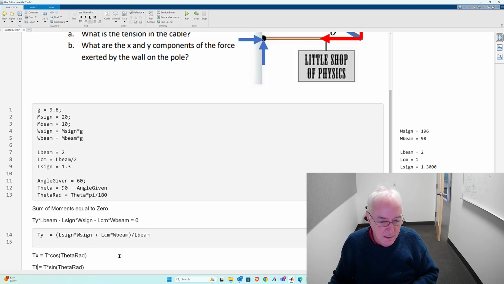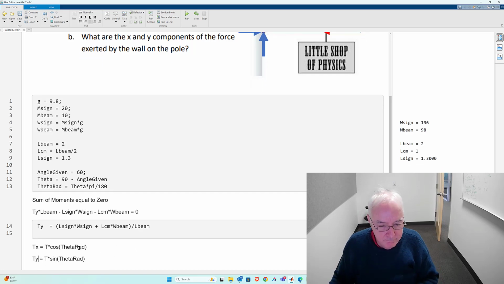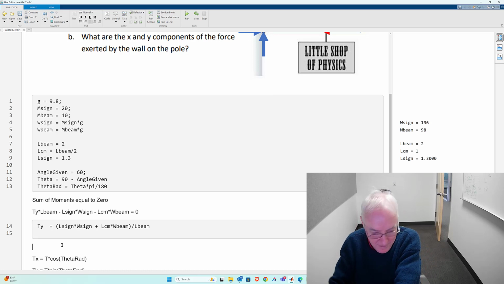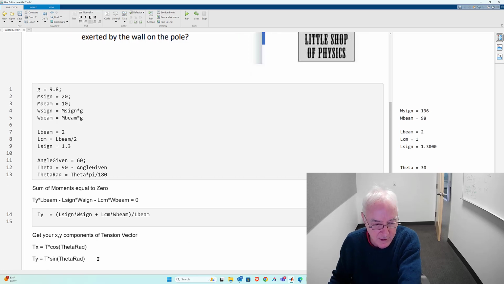And I give myself a little bit of text here, basically explaining what I believe is super important, which is get your x, y components of the tension vector. I think that's good enough.